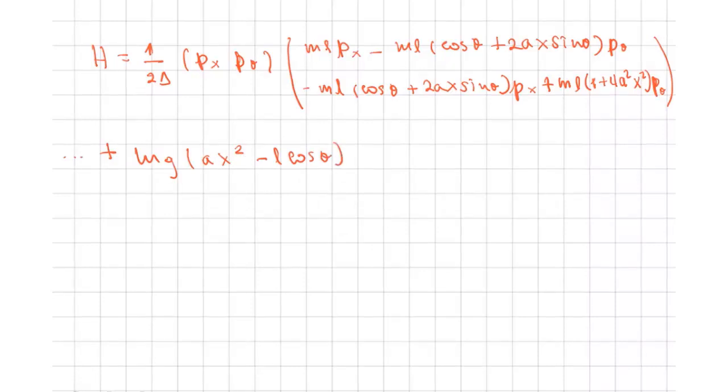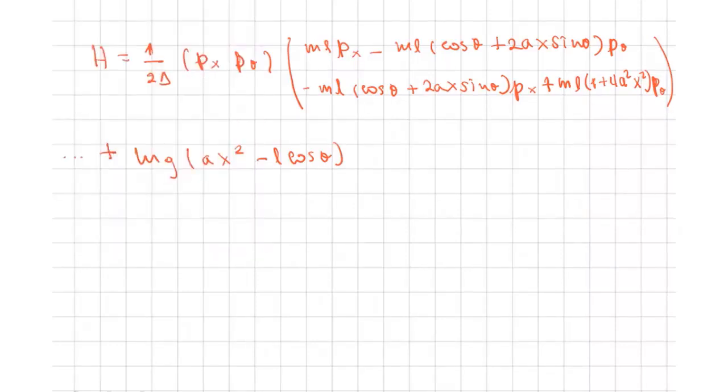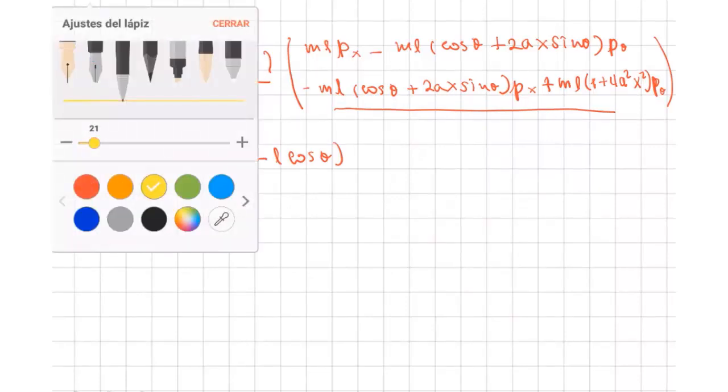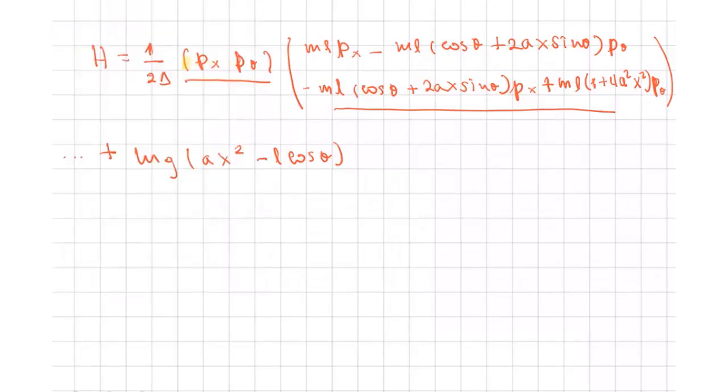Okay, now we multiply this vector, or this row matrix, with this matrix. Okay, and you know that we do this, we multiply this with this plus this one.